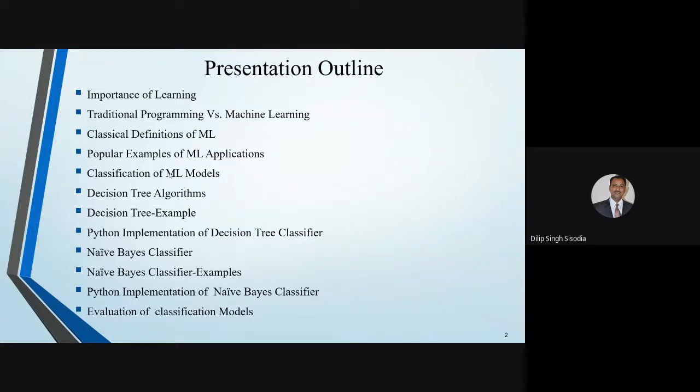These machine learning models can be built using any machine learning algorithm. So our objective is to cover any one, or if time permits, we'll try to cover both models, decision tree as well as naive Bayes classifier, and evaluation of this classification model. Once we have prepared the model, how to evaluate the model, what are the different parameters of evaluation.